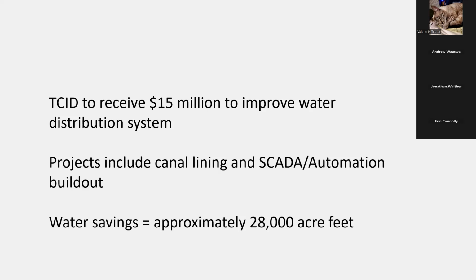We're looking at maybe about 100 plus sites that we're going to be adding automation and SCADA to. So that's going to be a huge leap forward for our district with technology, because we just haven't had the funding to be able to modernize our system.